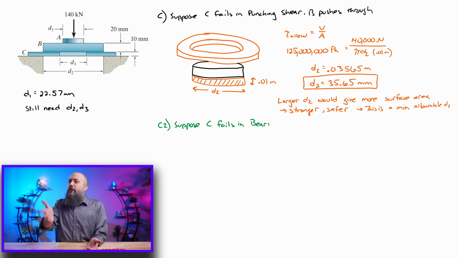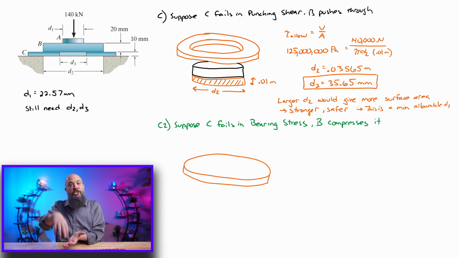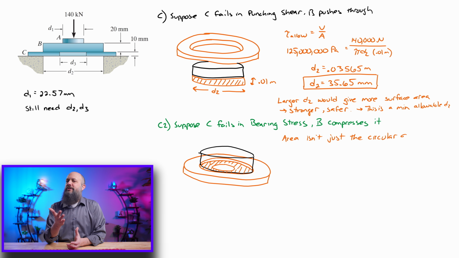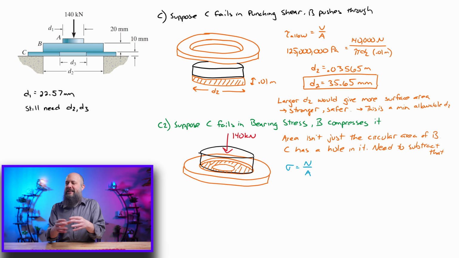Next step, bearing stress for piece C. What if B, instead of punching through, just pushed through by compression? In this case, the surface area won't be the entire surface area of B because there's a hole in C. And we're trying to find out, how big can this hole be?